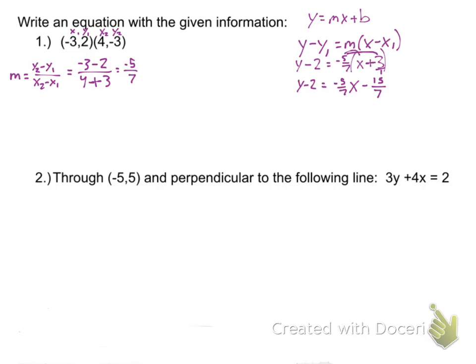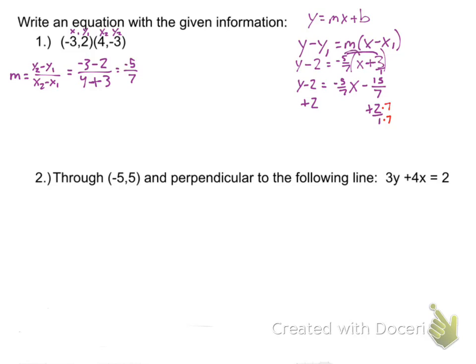Now to get y by itself, I need to get rid of the minus 2. So I add 2. I have to put these two together here, don't I? Do they have a common denominator? 2 is over 1 again. What's the common denominator between a 1 and a 7? It's 7.